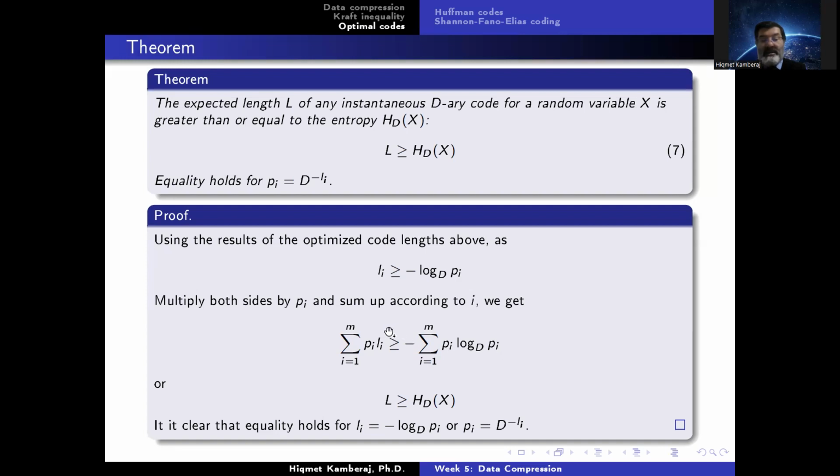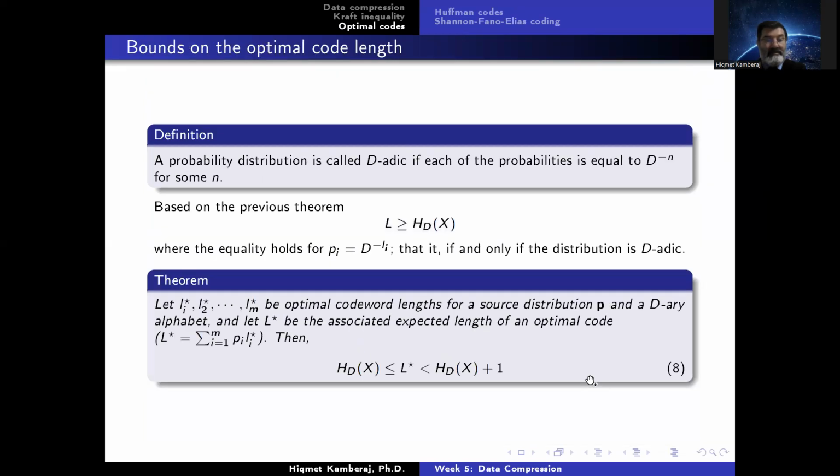Now you could notice that the left-hand side gives you the expected length of the code word, and the right-hand side gives you the Shannon entropy with base D. It is clear that the equality holds for L_i equal to minus log with base D of p_i, or p_i equal to D to the power minus L_i.